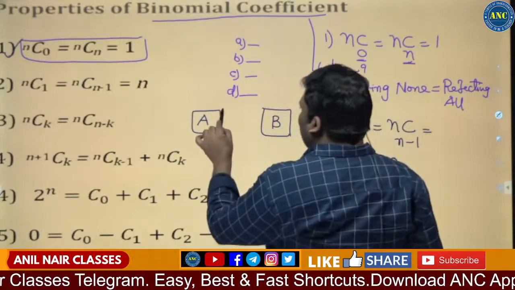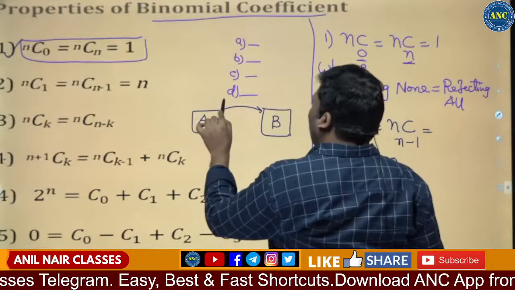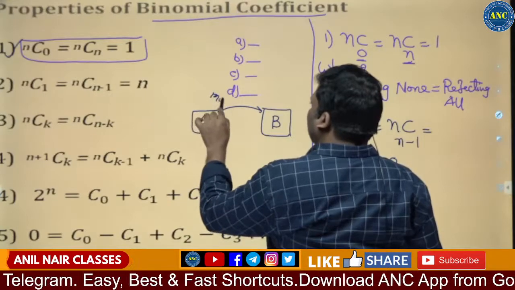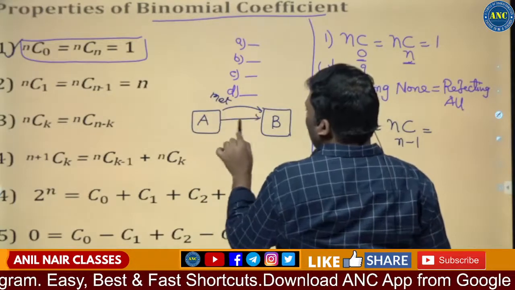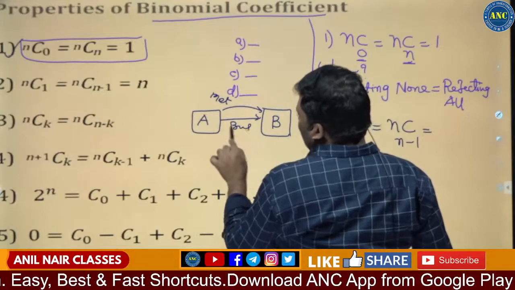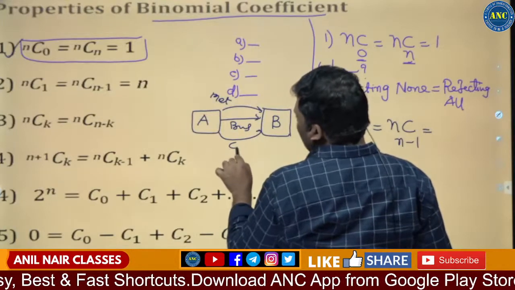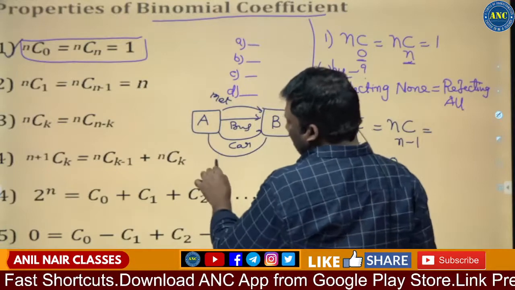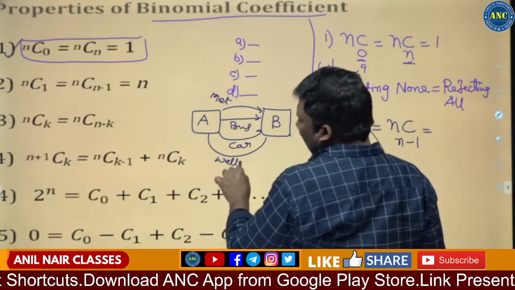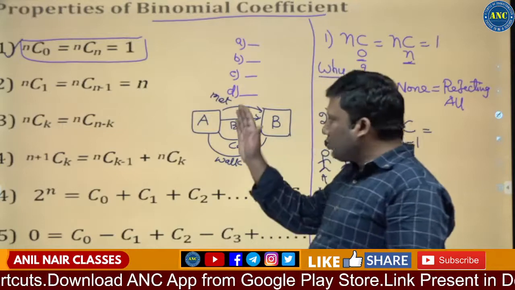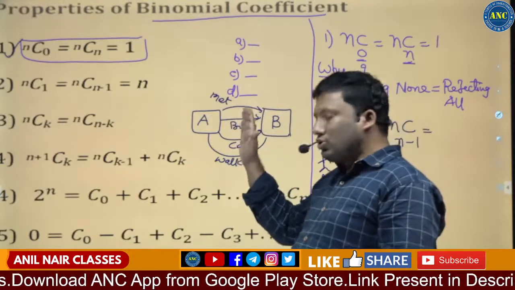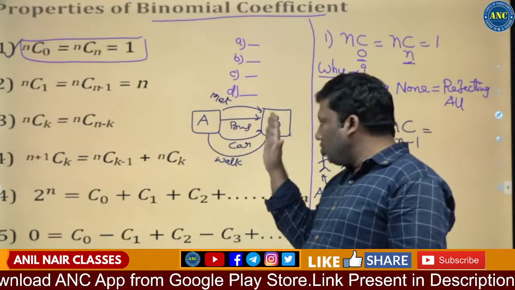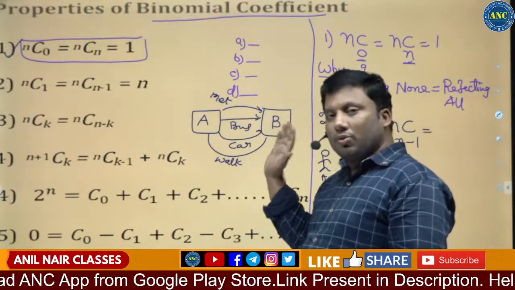From A to B, there is one way to go by metro, one way to go by bus, another way to go by car, another way to go by walk.